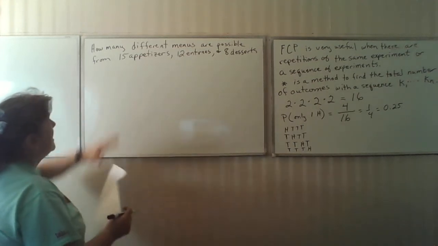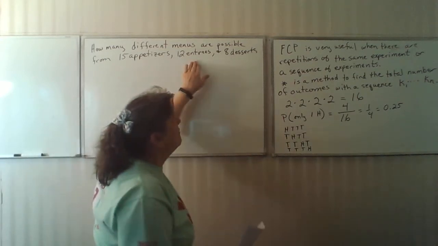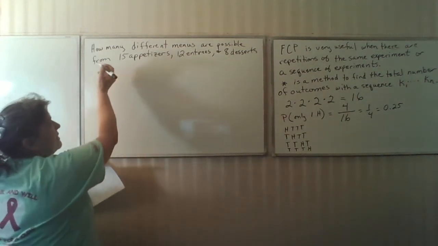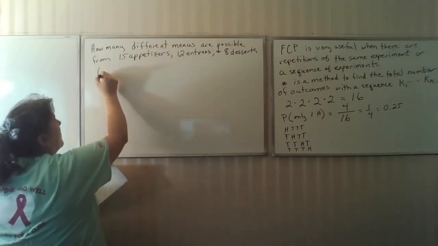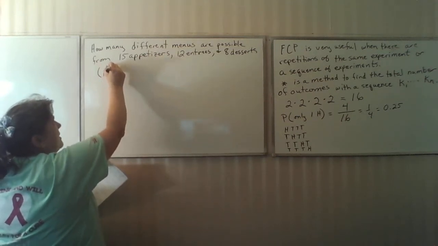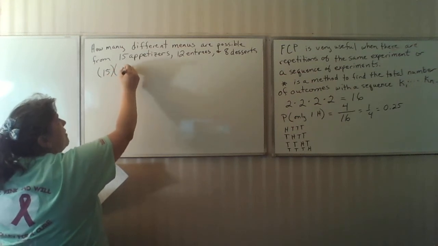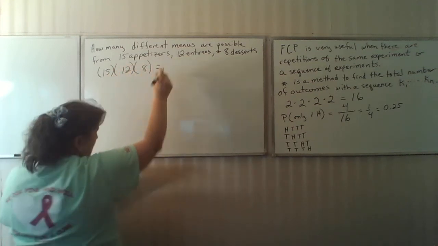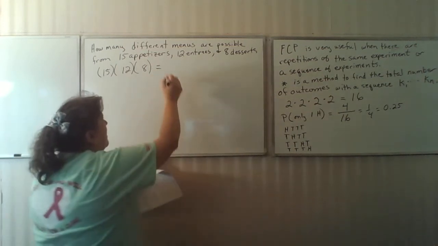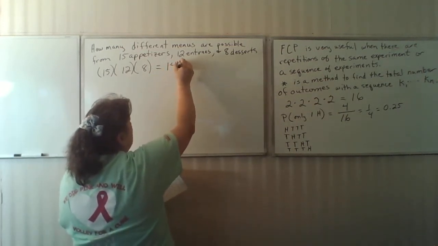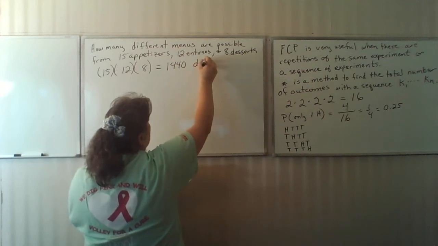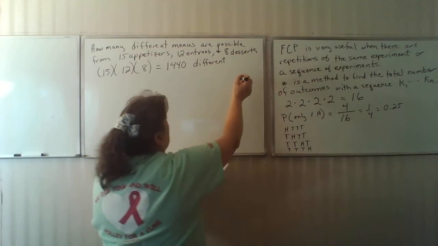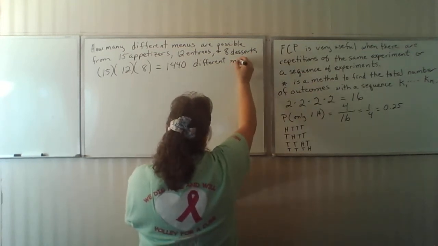Okay, this is a sequence of experiments. So, my first sequence is 15 appetizers times 12 entrees times 8 desserts, and when you multiply that out, you have 1,440 different meals.